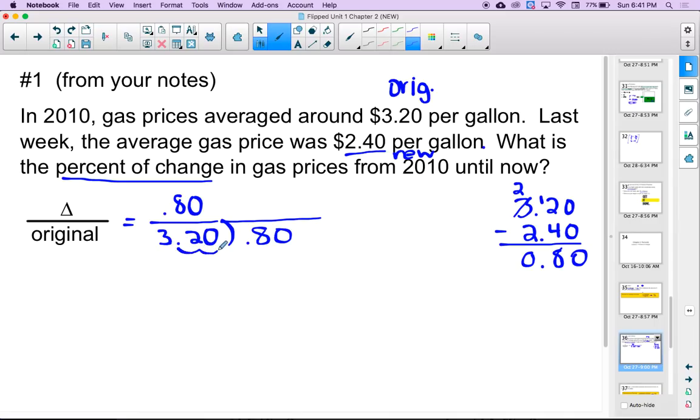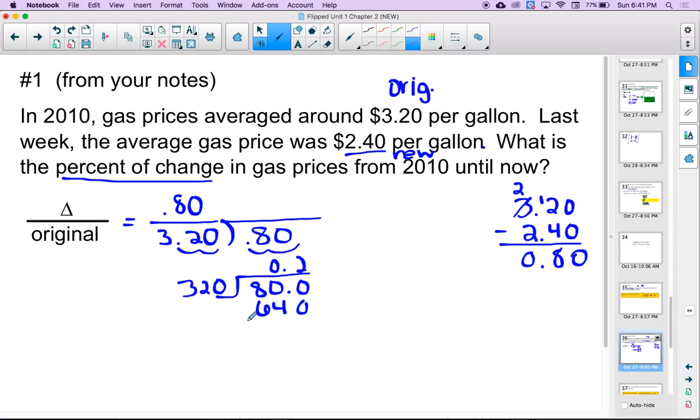I'm going to move my decimal 2 places. I'll balance that out by moving it 2 places inside the house as well. So my new problem looks like this. 80 divided by 320. 320 does not go into 80, but it does go into 800 twice. 2 times 320 is 640.